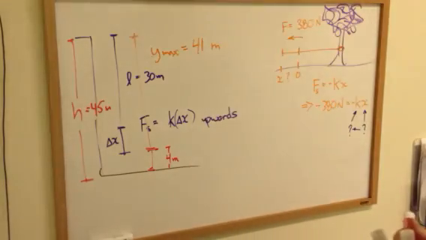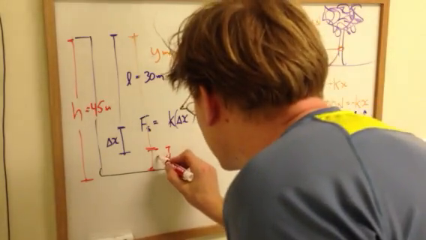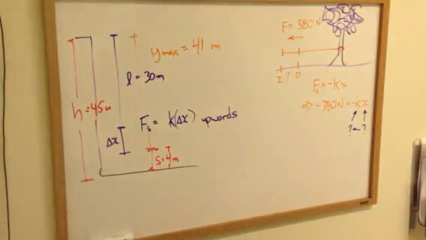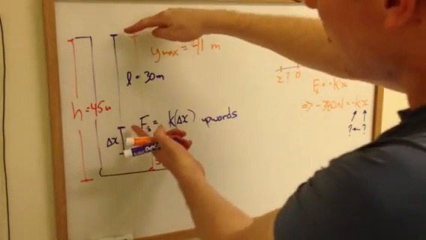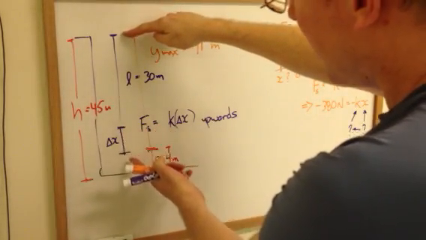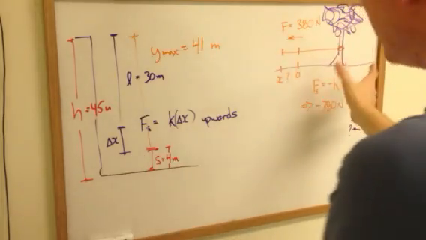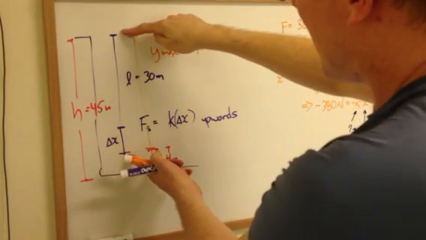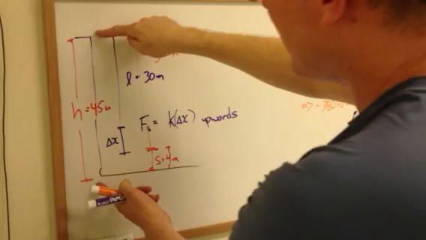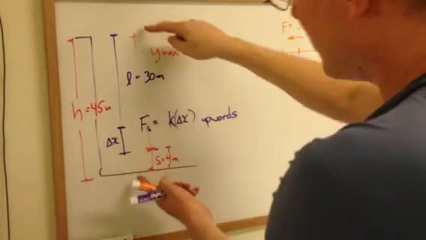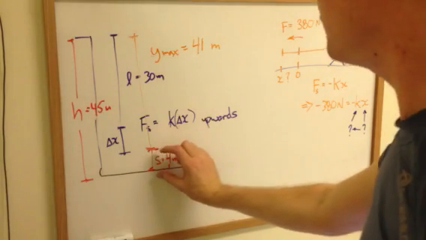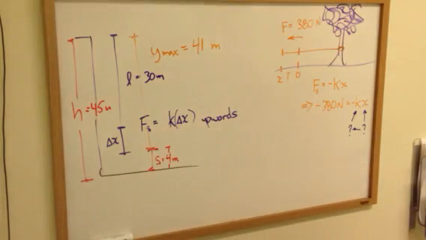You might want to give that a name. I'm going to call it S for safety, 4 meters. So you have a bungee cord. You figure out how much it's going to stretch because you've tested it. You think that from a height of 45-meter jump, he's going to fall 41 meters. Therefore, you know there's about a 4-meter space left there.